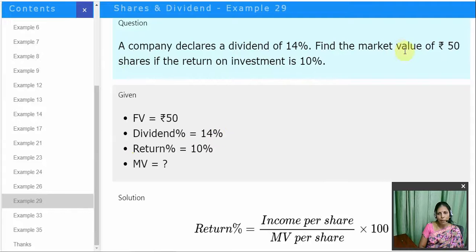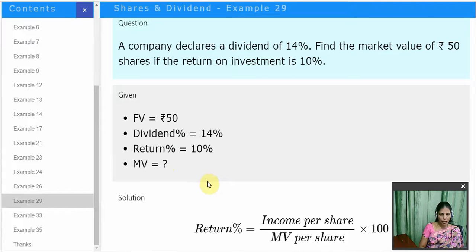Now find the market value. You need to find the market value. Rupees 50 shares. So what is this 50? 50 is the face value. And if the return on investment is 10%, that is return percentage is given as 10%. So return percentage is equal to 10%. We need to find out the market value per share.